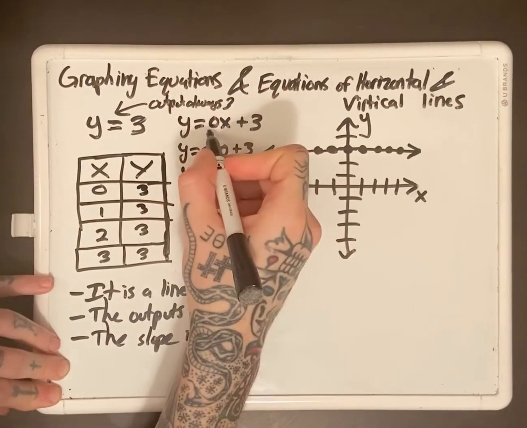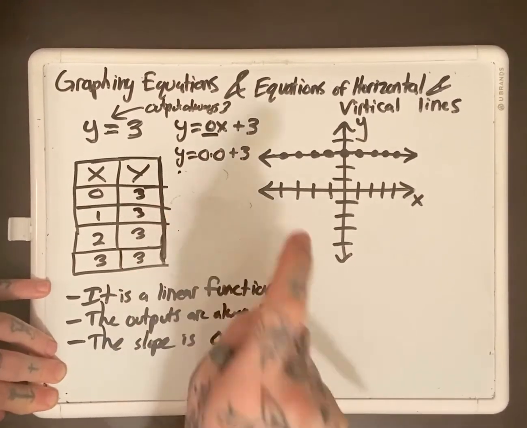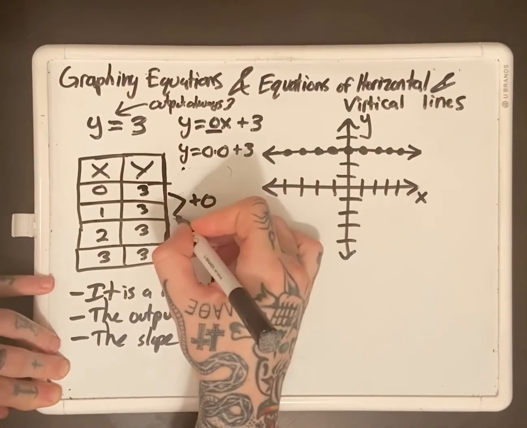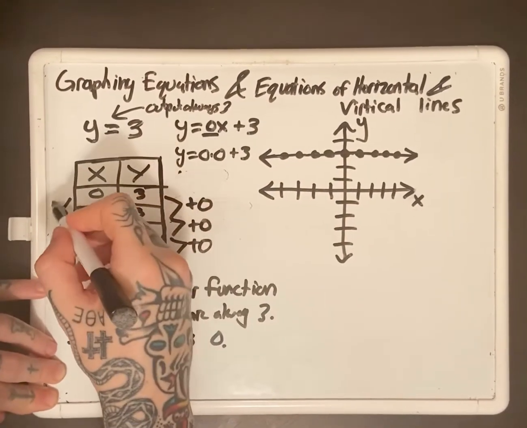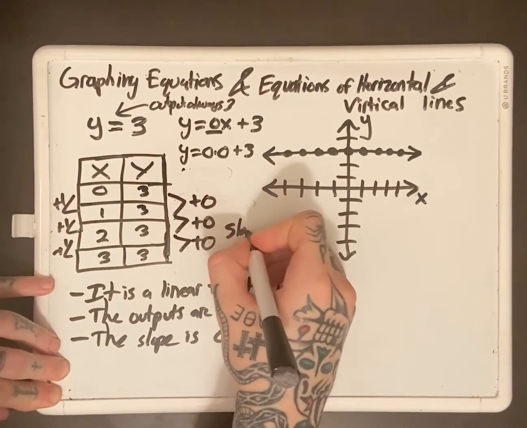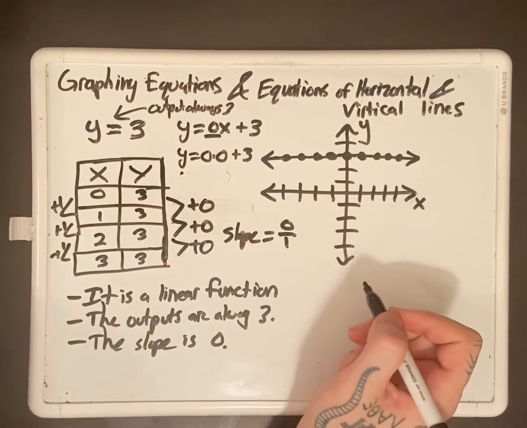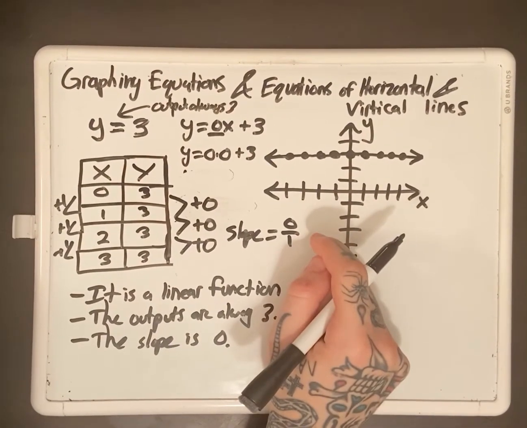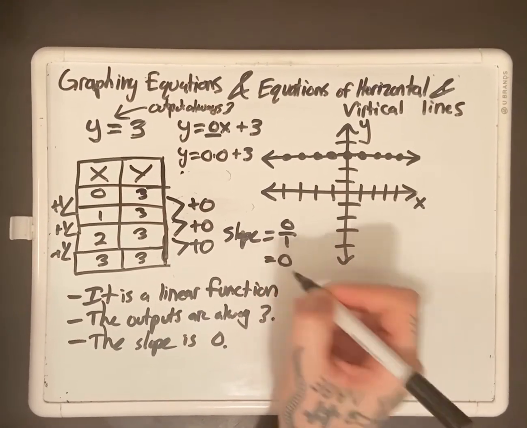So we see that here, or if we come over here, we can see that the difference between the outputs is a constant 0, even though we have a +1 over here. That would make our slope equal to 0 over 1. And that reduces to 0.